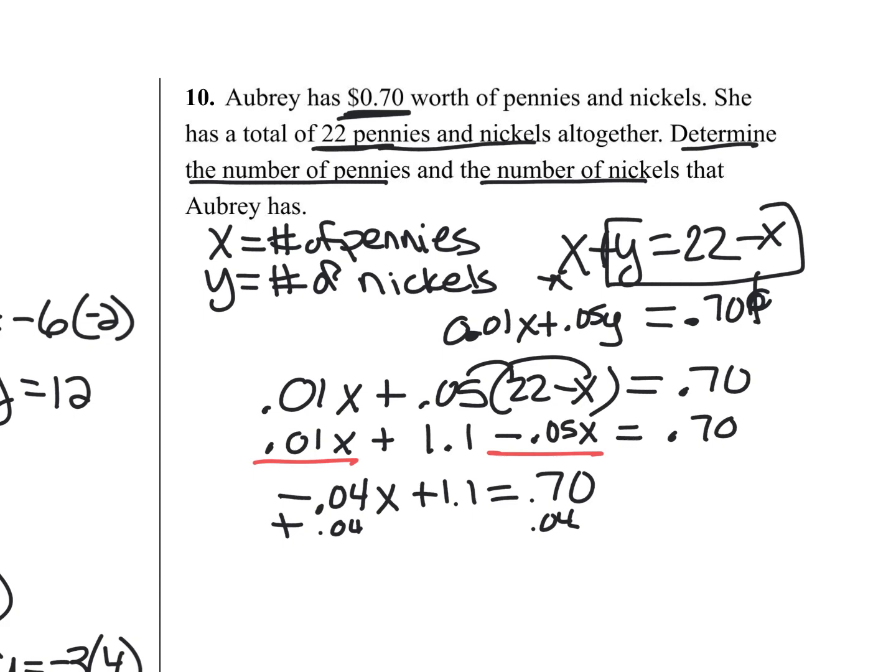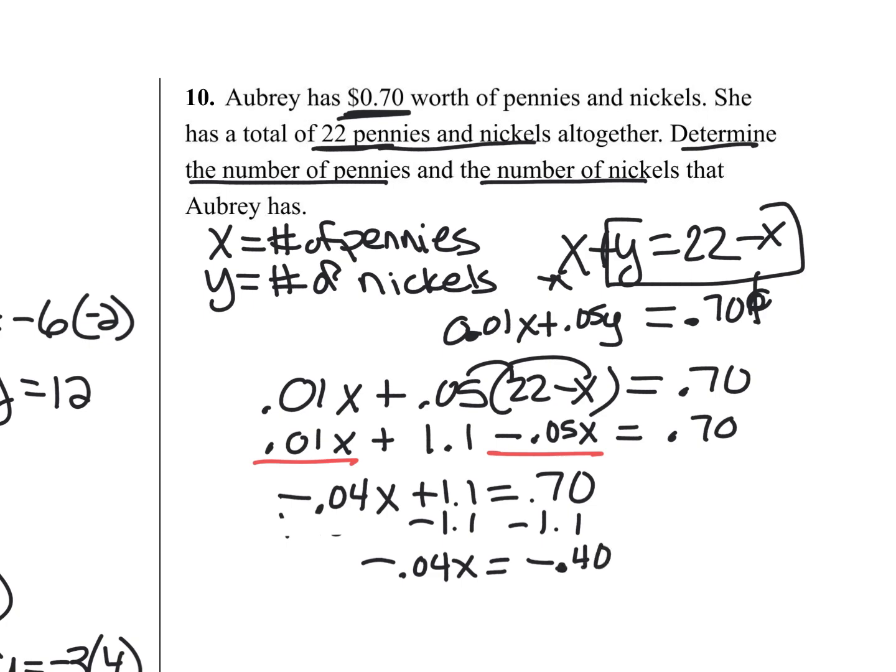So you're going to get, it's my coefficient of x, right? I'm not adding. I'm going to subtract $1.10. So I get negative 0.04 x equals negative 0.40.